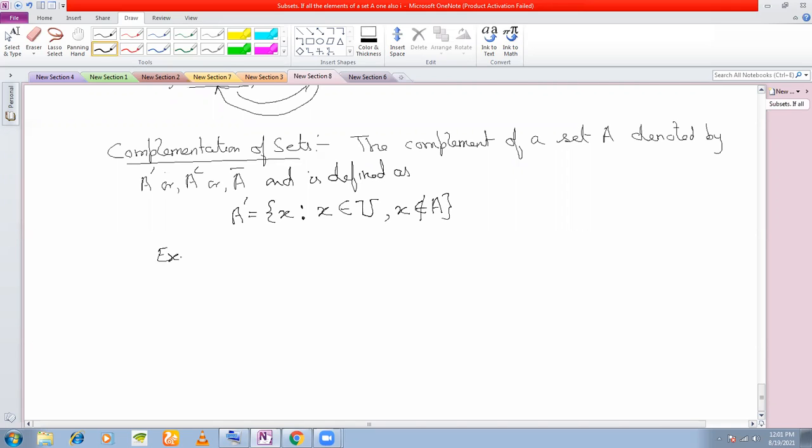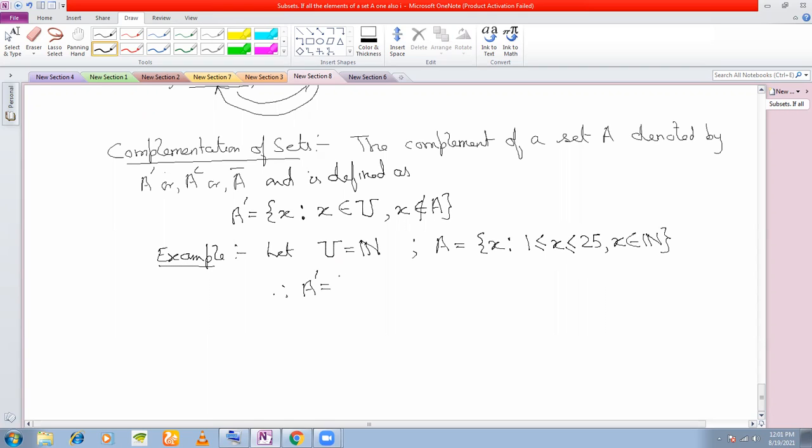For example, if I give you the universal set as the set of natural numbers, and if I define a set A as X such that, then what will be A complement?